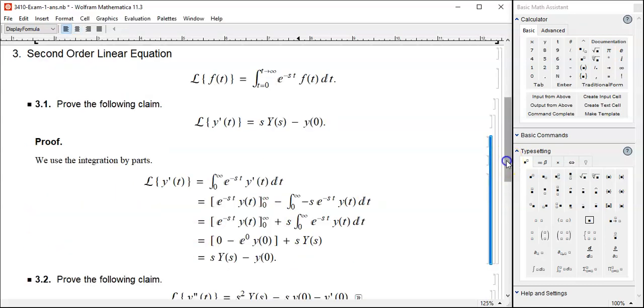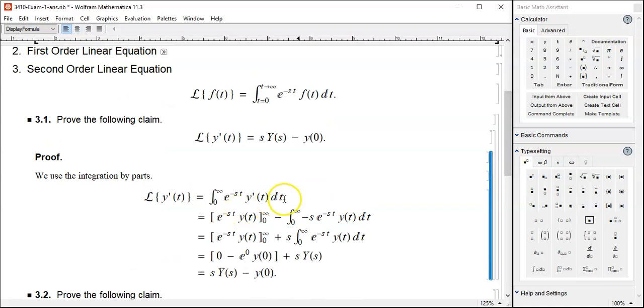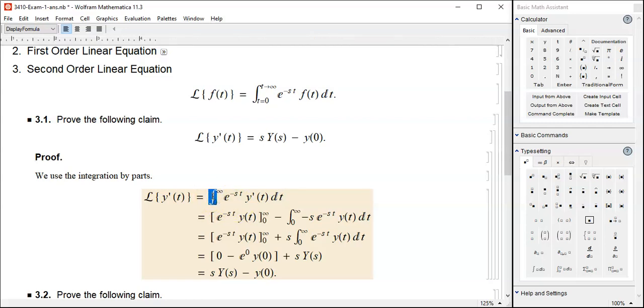the integration by parts. Okay, here we go.